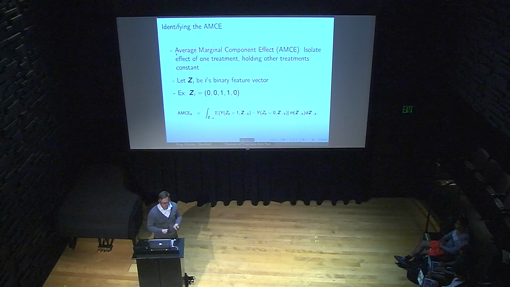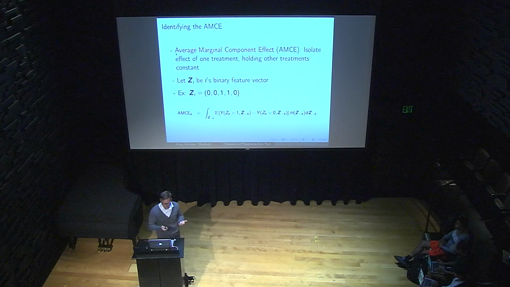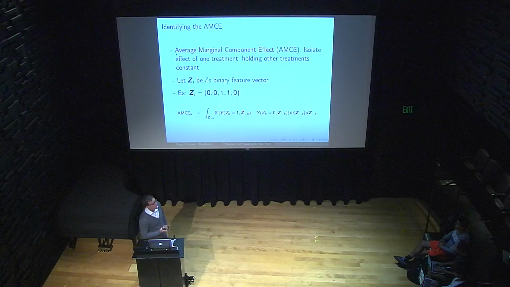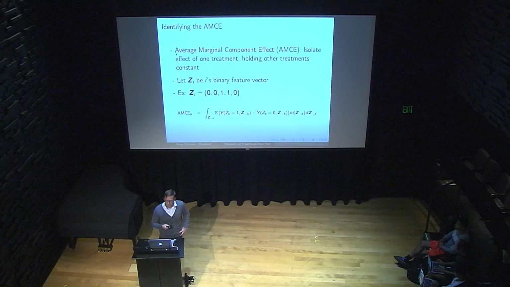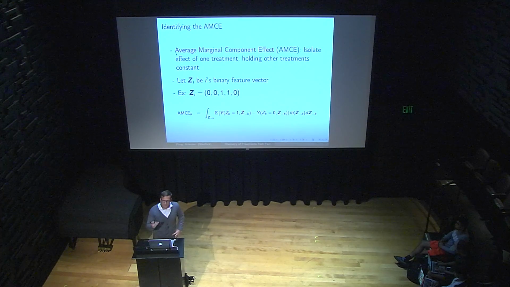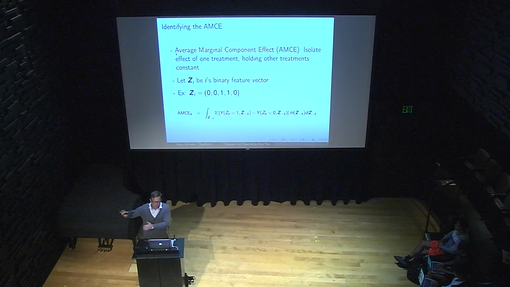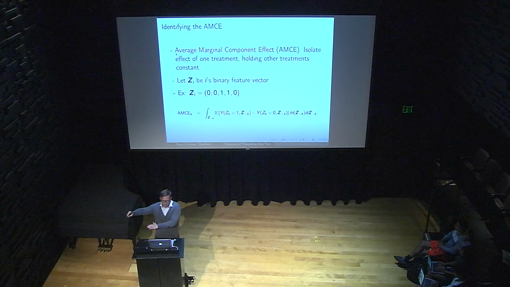We can then define the average marginal component effect as follows. For this component K, we define the response of an individual when component K is set equal to 1, and all the other components are set equal to some value, z naught k.